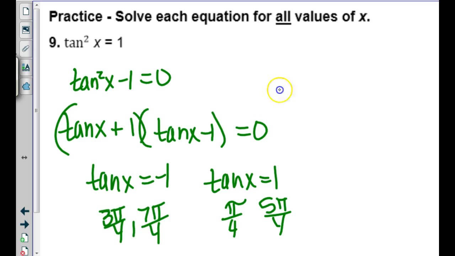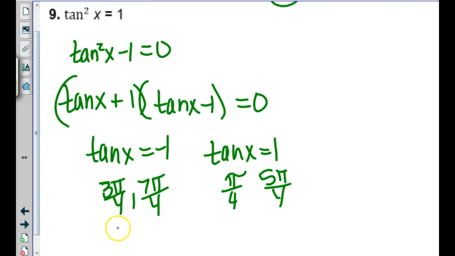Okay, but this says all, so what do you have to do? You could put plus or minus 2 pi in, and I wouldn't count it wrong because you've really covered all 4 solutions. But it's tangent. What's the period for tangent? Pi. So actually, if you told me this one and pi, doesn't the other one happen straight across from it?